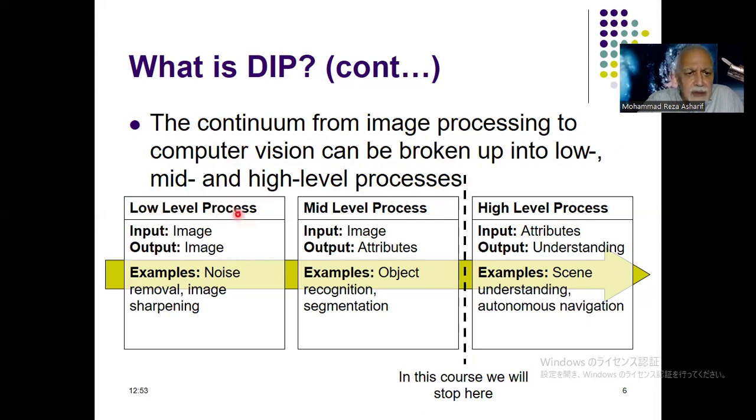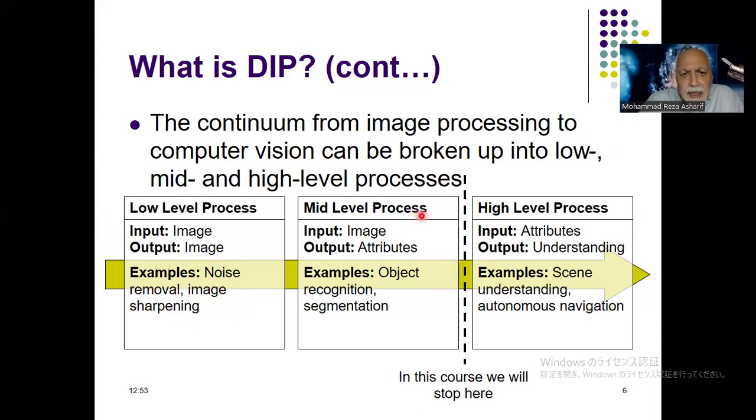Low level is where we have an input image and the output is an image, for instance noise removal or image sharpening and so on. Kind of cleaning the image.